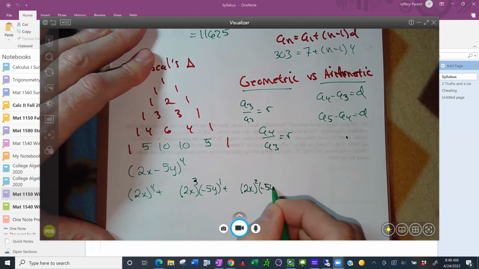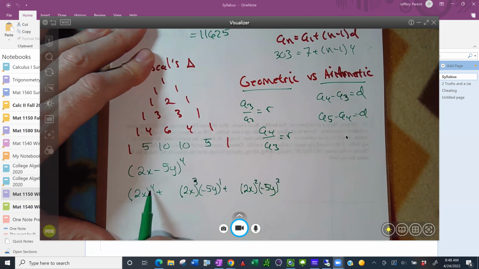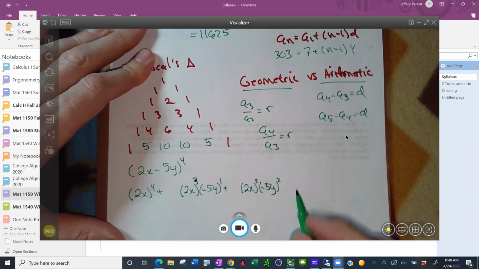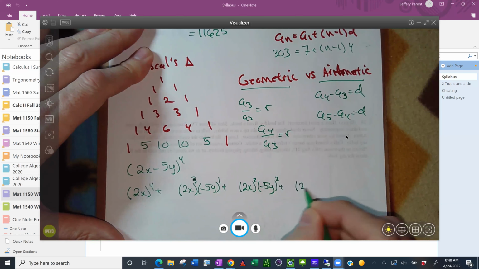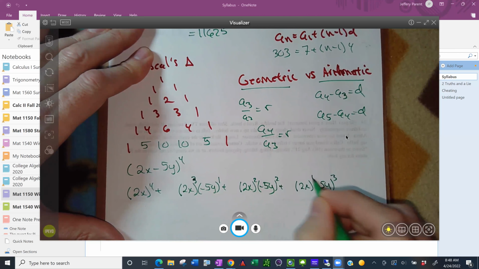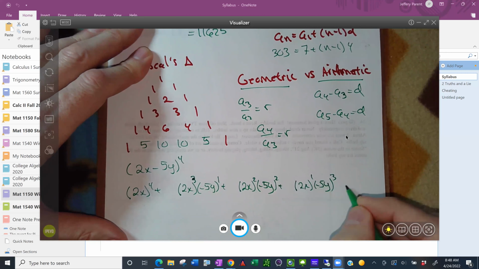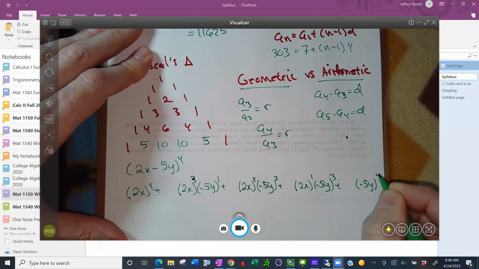Negative 5y to the second power. Notice that at this point, these exponents always add up to 4. There's a 4, 3 and 1 is a 4, 2 and 2 is a 4, etc. Let's keep going. 2x minus 5y. This one's to the third, that one's to the first, and then finally, minus 5y to the 4th.